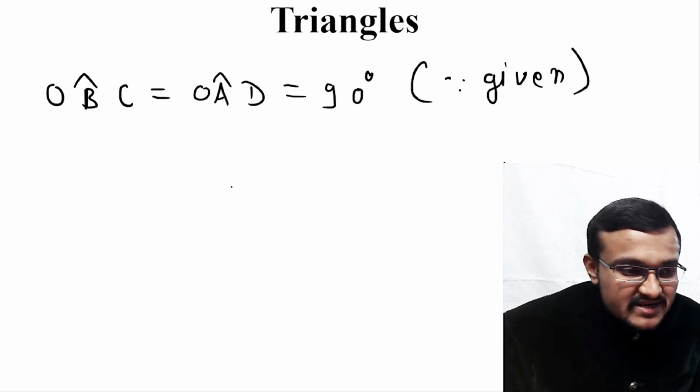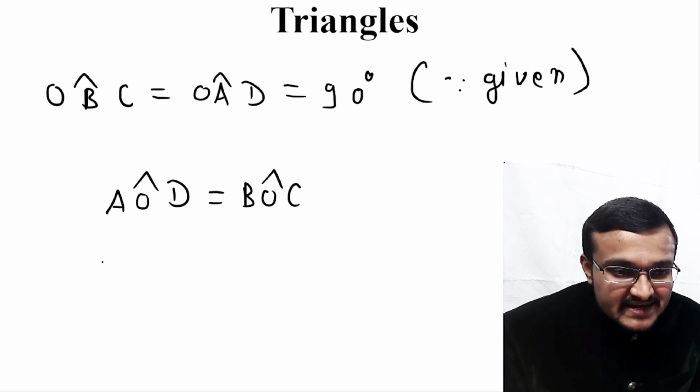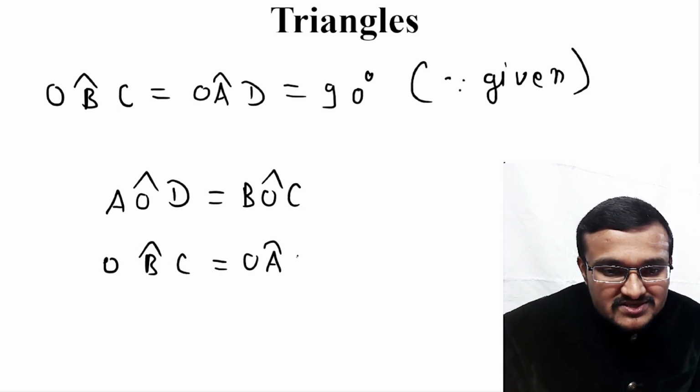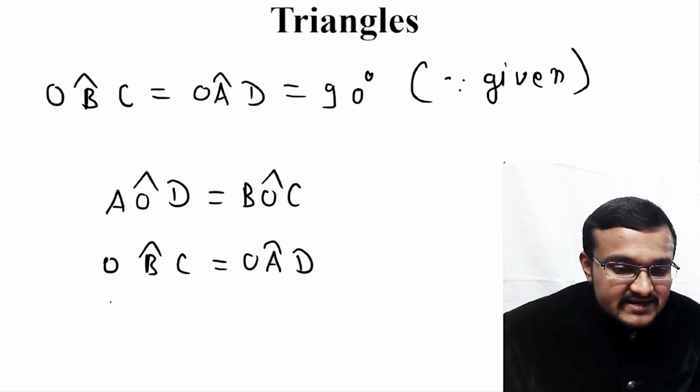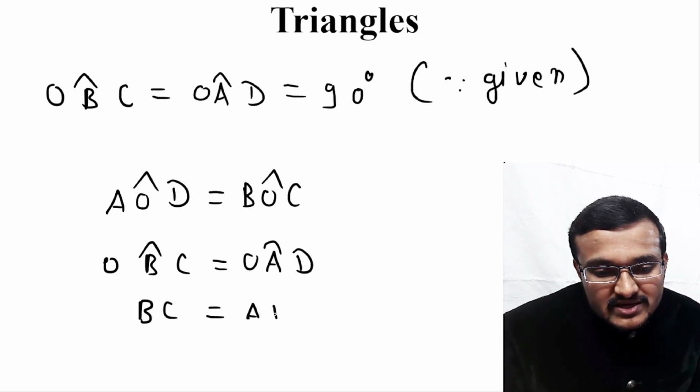So what all things are we getting here? AOD is equal to BOC because they are vertically opposite angles. OBC is equal to OAD because they have given their 90 degrees. And they have also given BC is equal to AD.